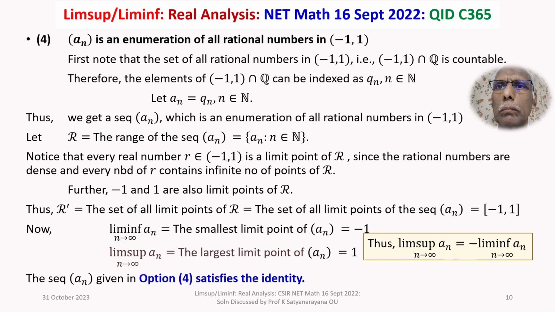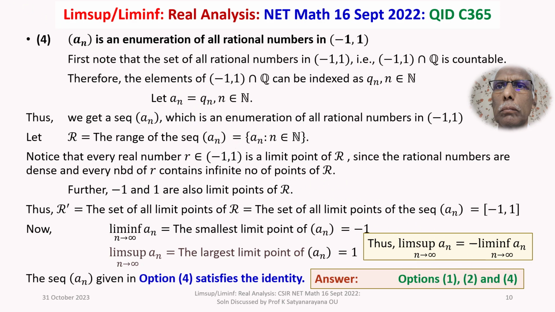And our question is to find all the sequences which satisfy the given identity. In our discussion we have seen option 1, option 2 and option 4 satisfy the identity, option 3 does not. Therefore, the answer to this question is option 1, option 2 and option 4.